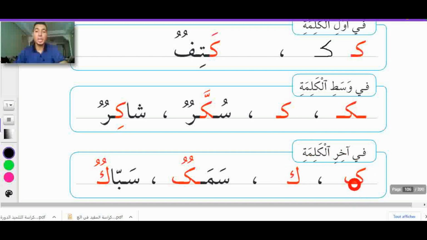This could be like that in the end, like the first one, or like this. So they're both harfu al-kaf, the sound k.